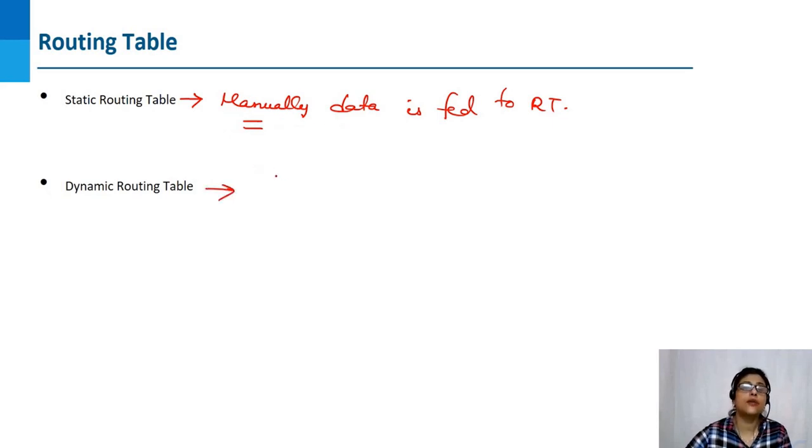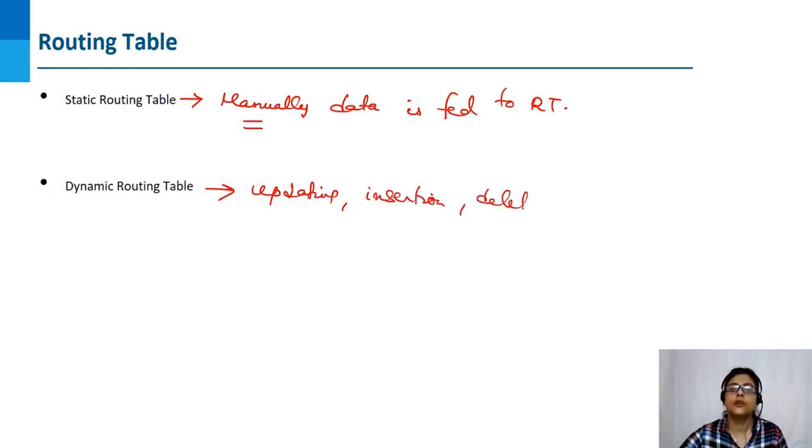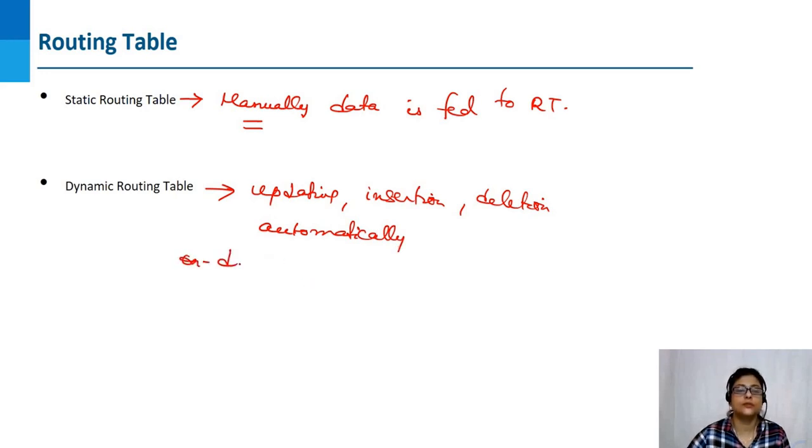Then we have the dynamic routing table, where the updating, insertion, and deletion of data from the routing table is all done automatically. And this basically takes place on an on-demand basis.